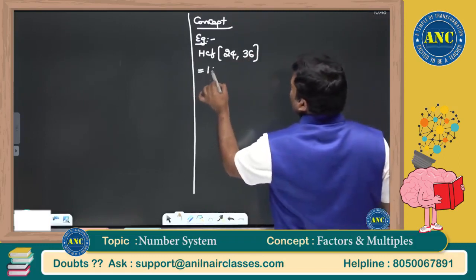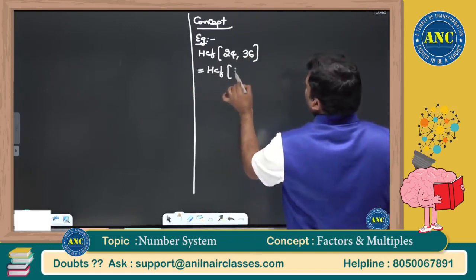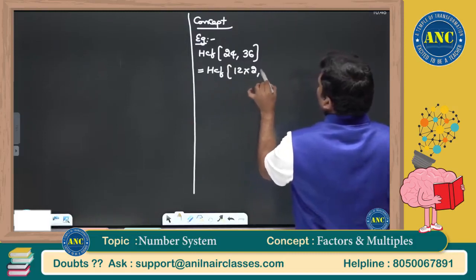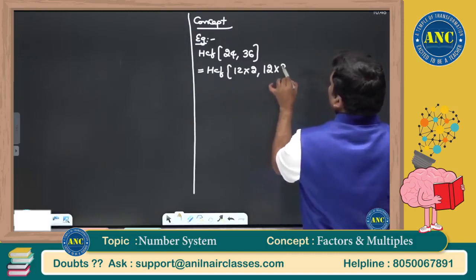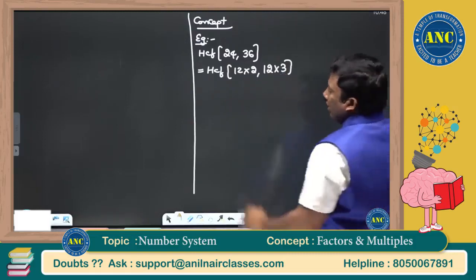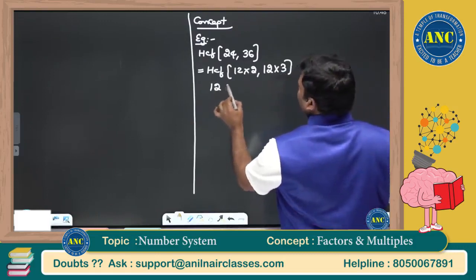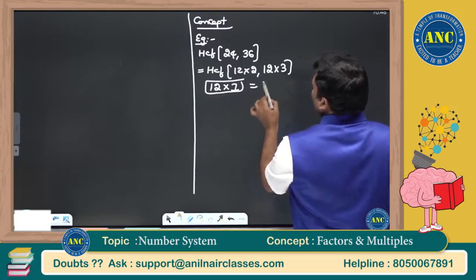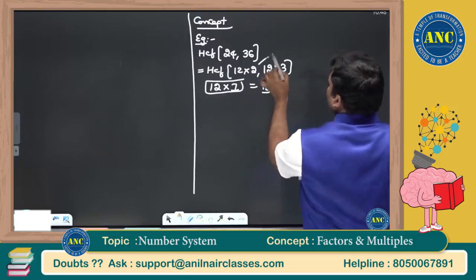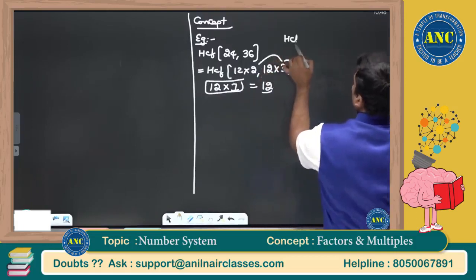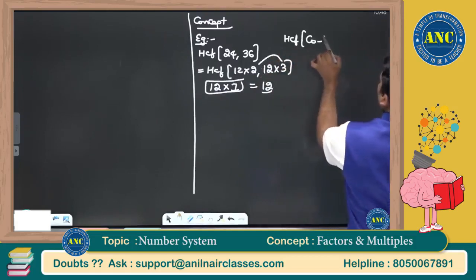This can be written as HCF of 12 into 2 comma 12 into 3. 12 is common. HCF of 2 and 3, they are co-prime to each other, so 1. 12 ones are 12. HCF of co-primes is 1. This is what I did.